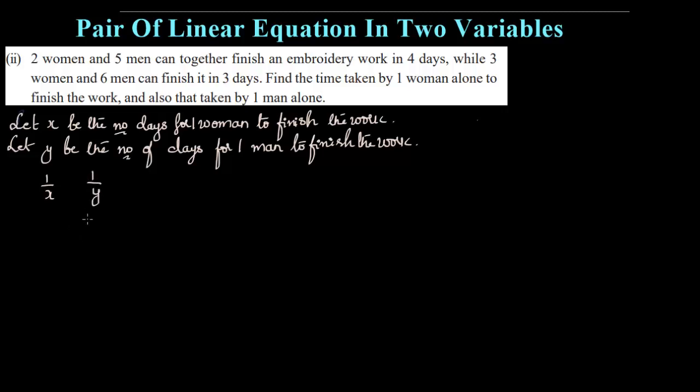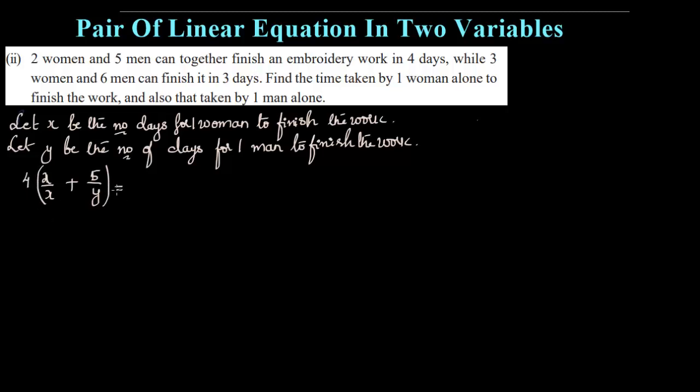Right? So here you can observe for the first sentence there are two women, so we need to multiply this 1 by x with 2. So 2 into 1 is 2 and here 5 into 1 is 5. Then they are working together, so you need to add this. And how many days will it take? It will take 4 days for them to complete.